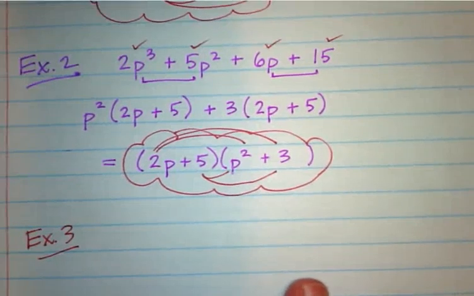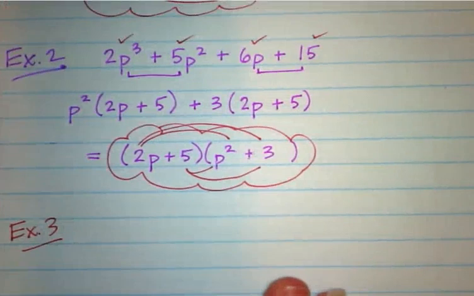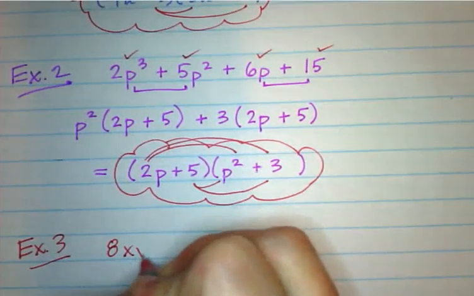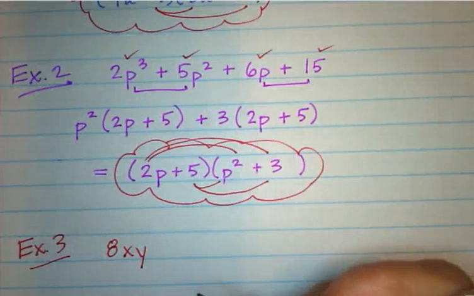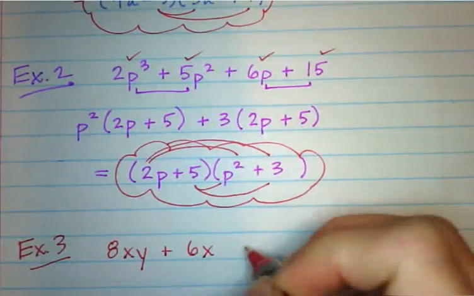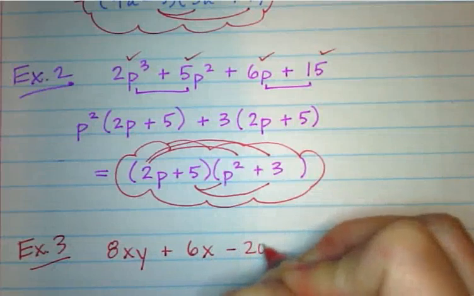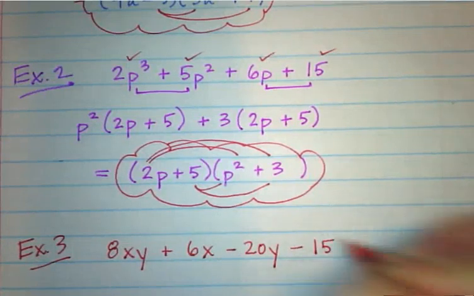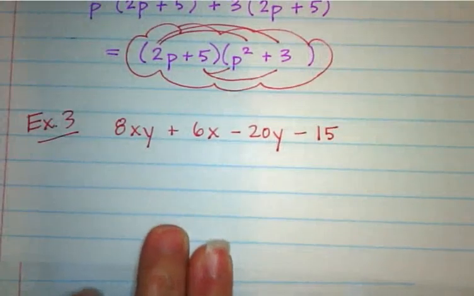How about let's do 8xy plus 6x minus 20y minus 15. All right, so we have two variables in this one.